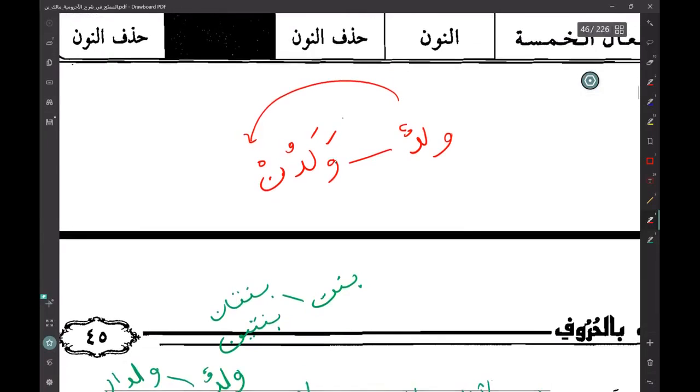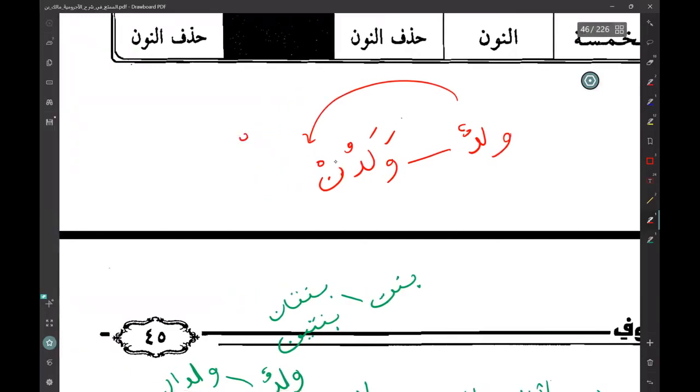And the grammarian explains that this nun is actually coming just as a replacement of this nun sakina. You understand? So instead of saying walada like that, they just add this nun as a replacement of this nun sakina, like tanween.